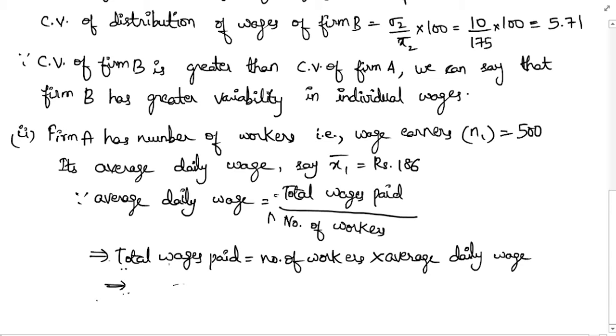Which implies N1 into x1 bar is equal to 500 into 186, which is equal to 93,000.